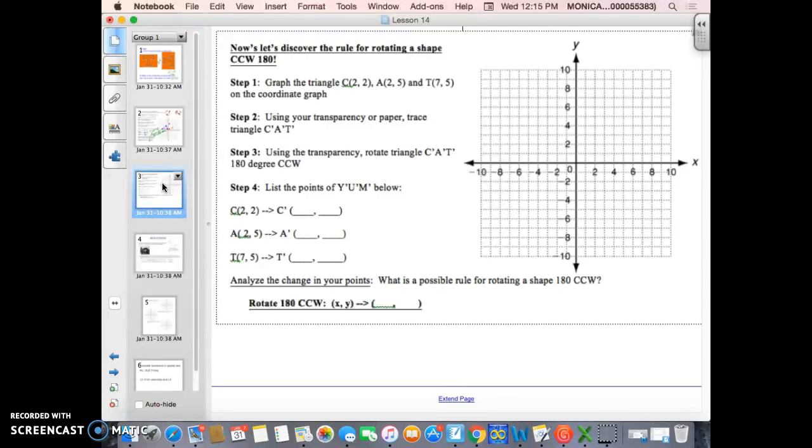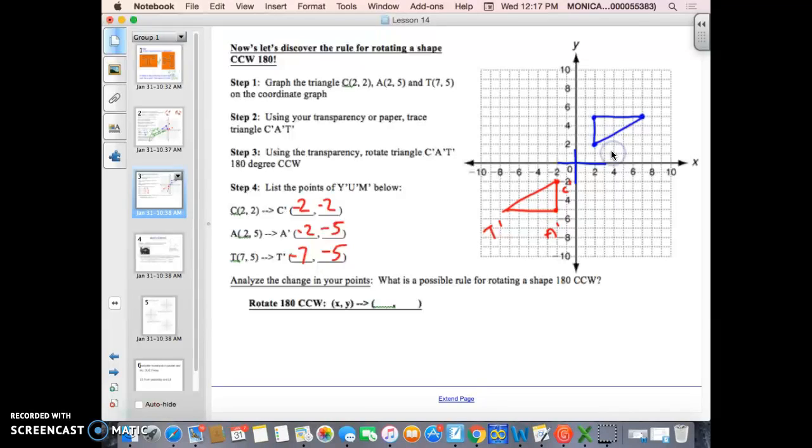So now let's try a 180. Again, go ahead and read through the steps, work it out, and then we'll talk about it in a couple minutes. Okay, so hopefully I can get this to work again. But if you took your patty paper and you took this image now, there we go.